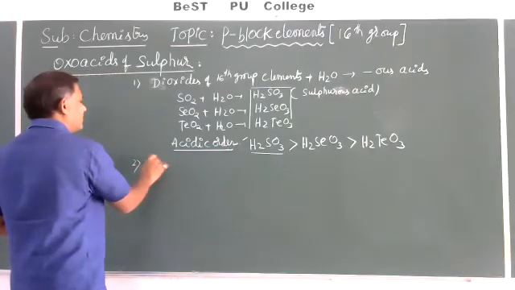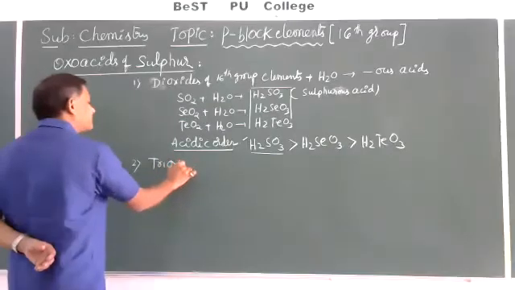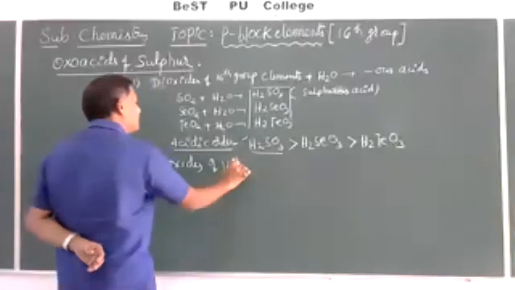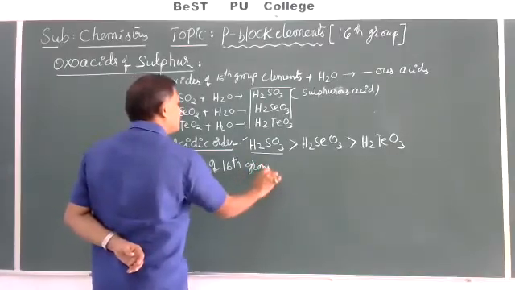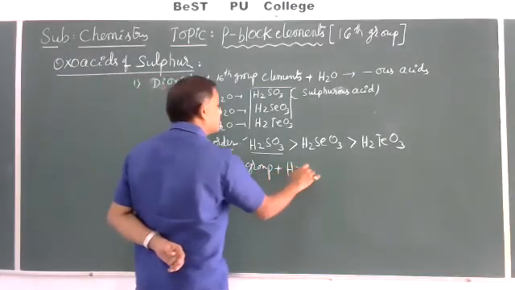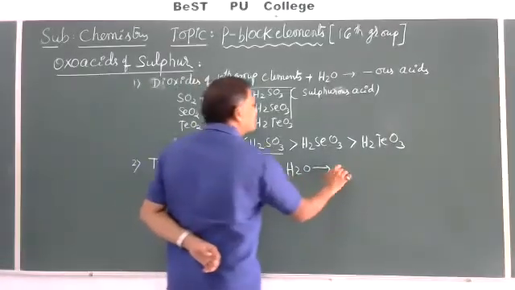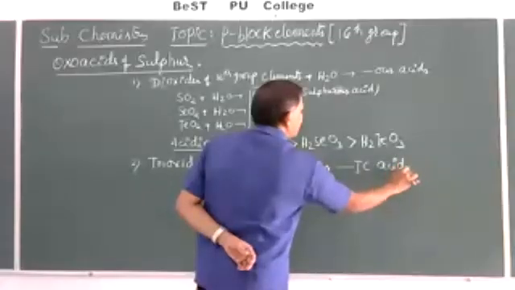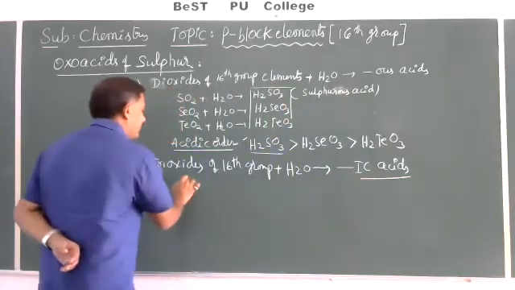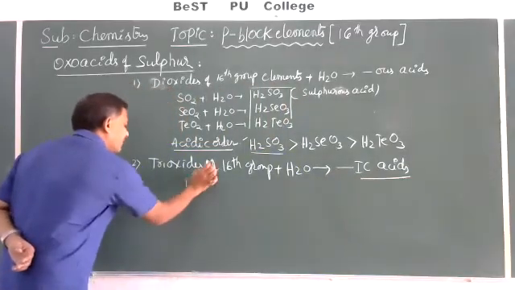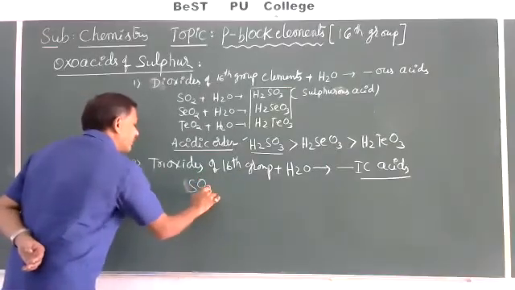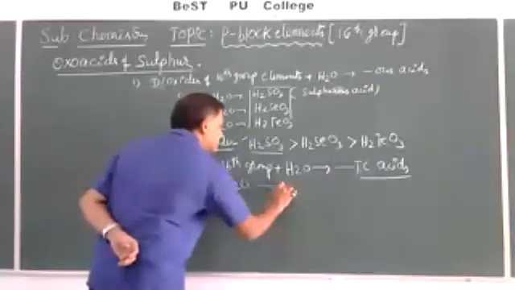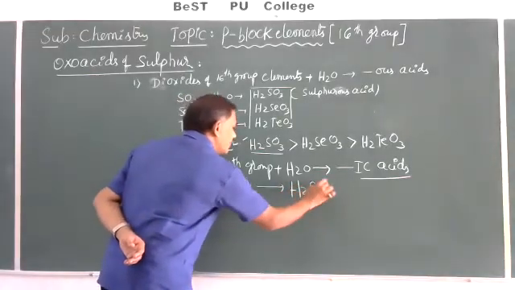Second one is trioxides. Trioxides of 16th group elements dissolved in water give corresponding ic acids. Like here SO3, sulfur trioxide, dissolved in water gives H2SO4.